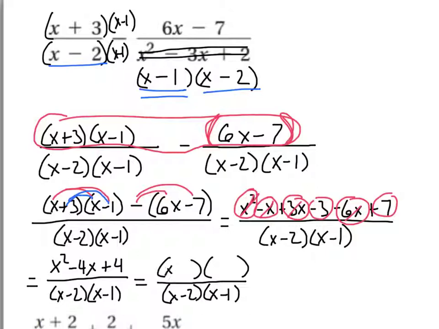Well, that's going to be x minus 2 and x minus 2. Looking at that fraction now, we see that an x minus 2 is going to cancel from the top and bottom. So our final answer here is going to be x minus 2 over x minus 1.